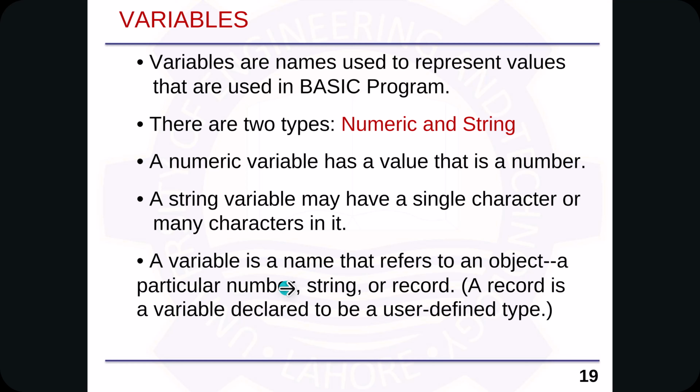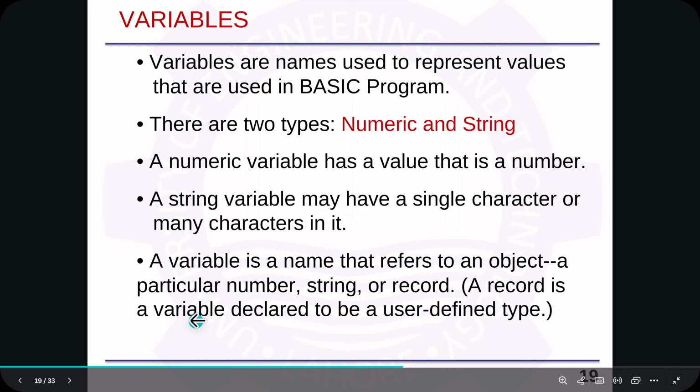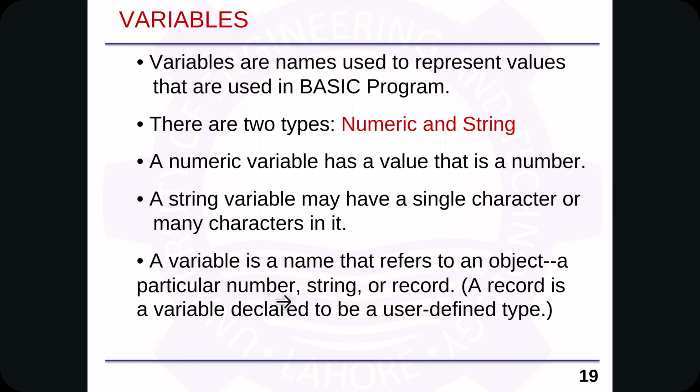Also, a variable can be anything. It can be a number, it can be a string, it can be a record, it can be anything. And in programming, one unique thing about these variables is that they are referred to as objects. That is, they are referred to as entities, things that were not there, but have been brought to life by the ideas or by the doings of the programmer or the orchestrator.